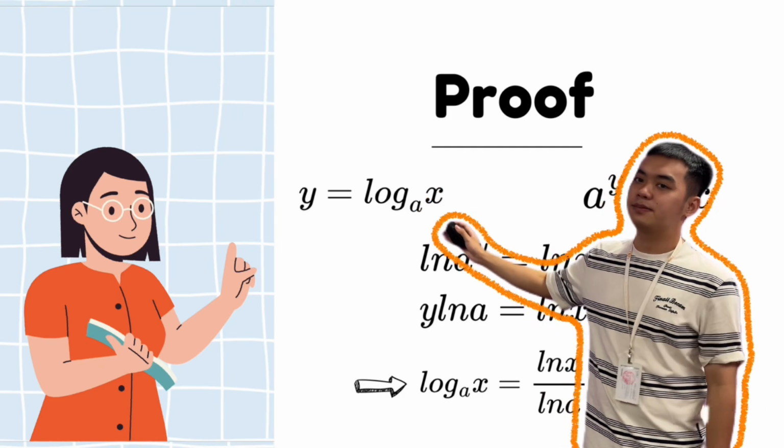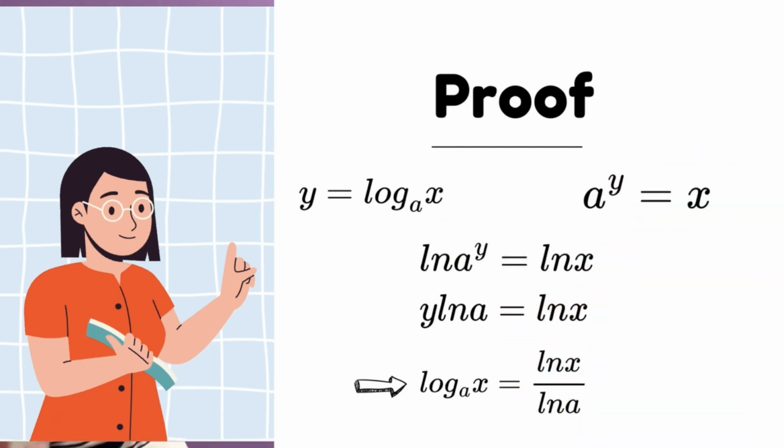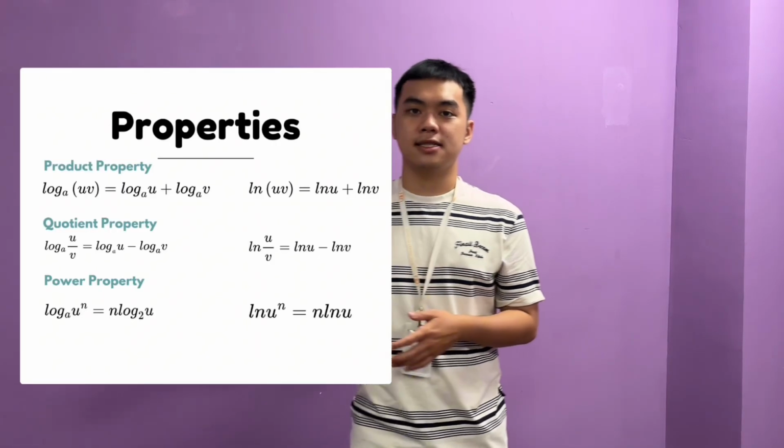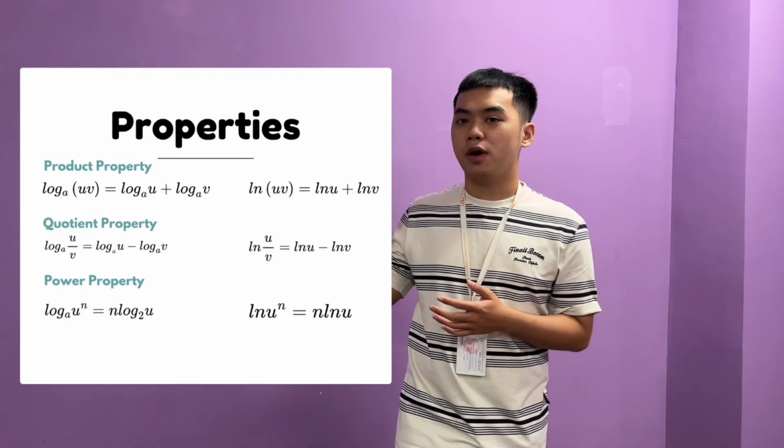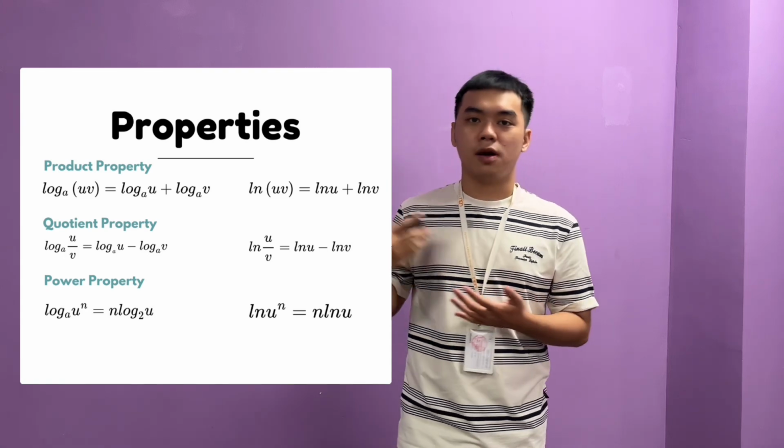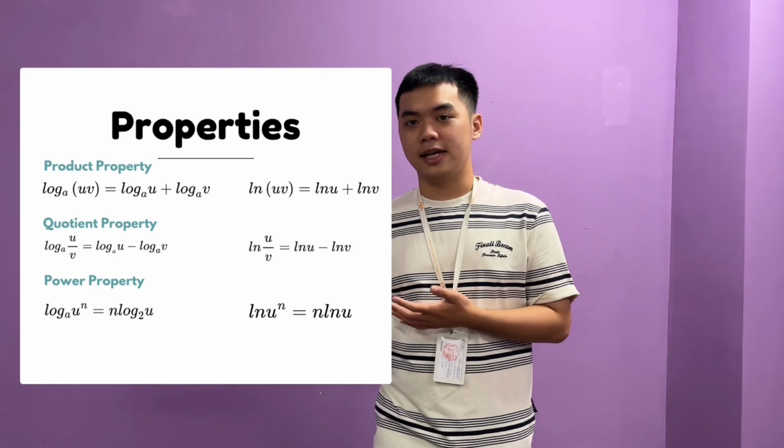So natural logarithm of x is equal to y times natural logarithm of a. And the final equation is logarithm base a of x is equal to natural logarithm of x over natural logarithm of a. Besides that, we also have some other properties such as the product property, quotient property, and power property.